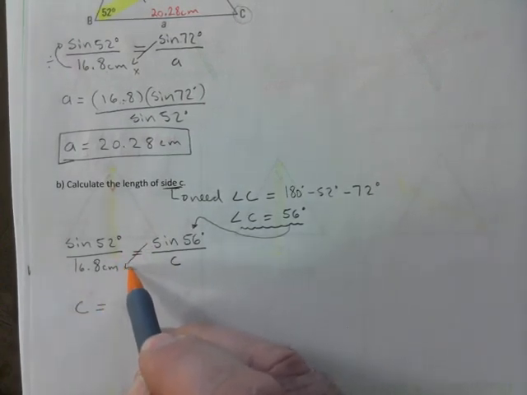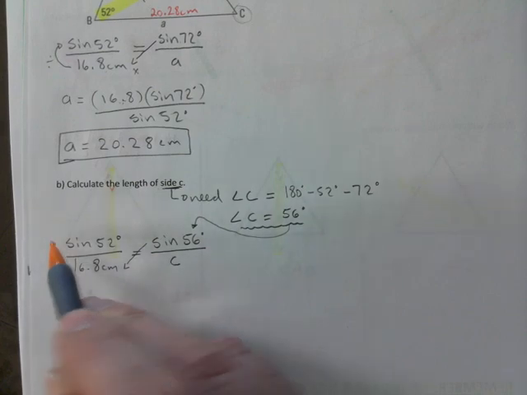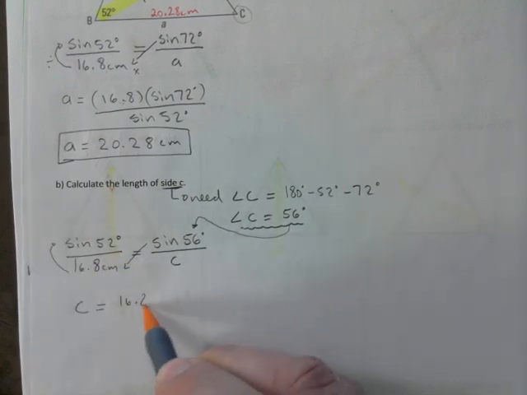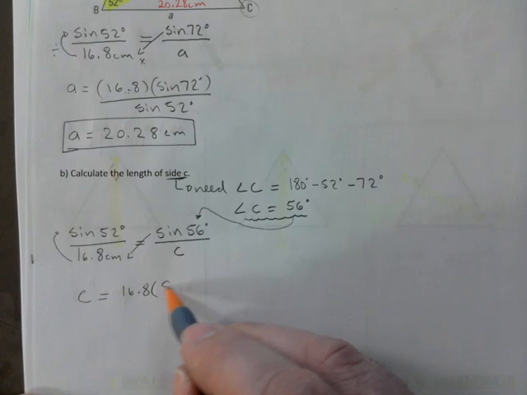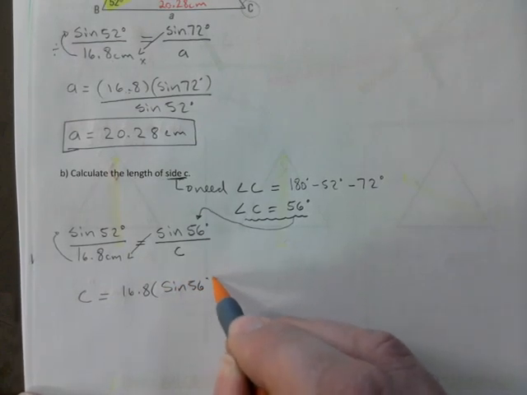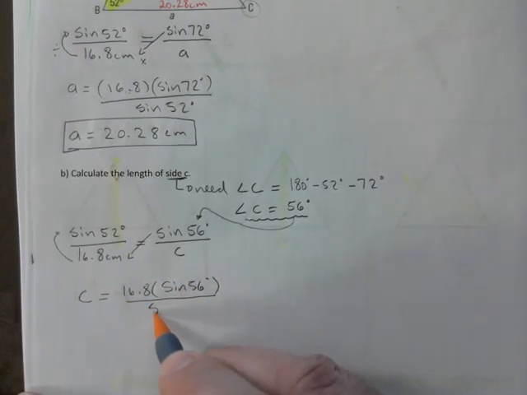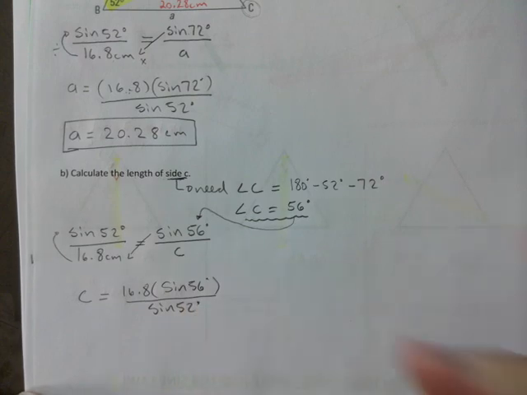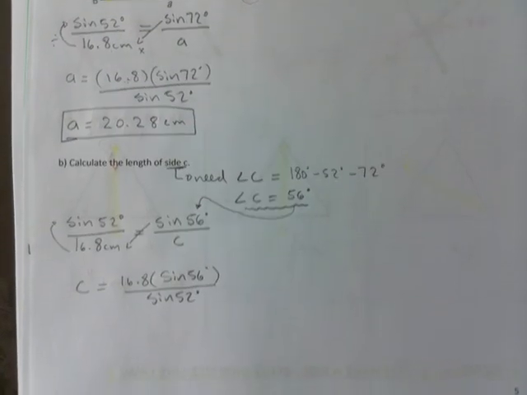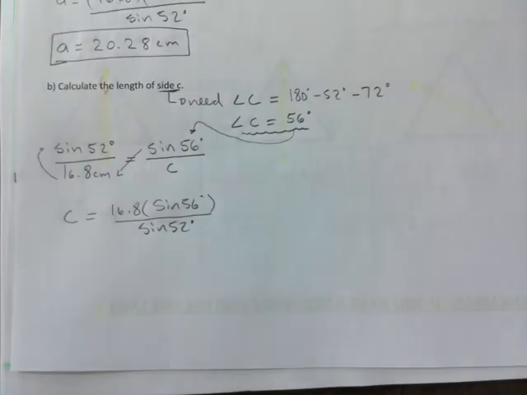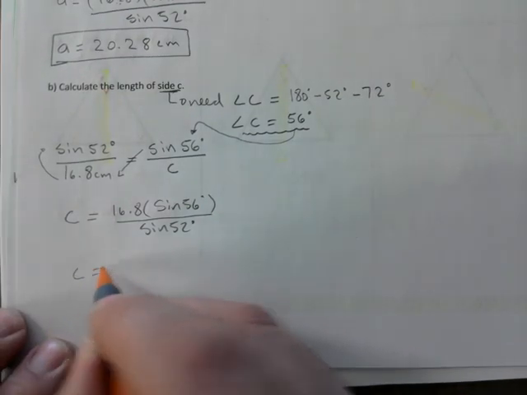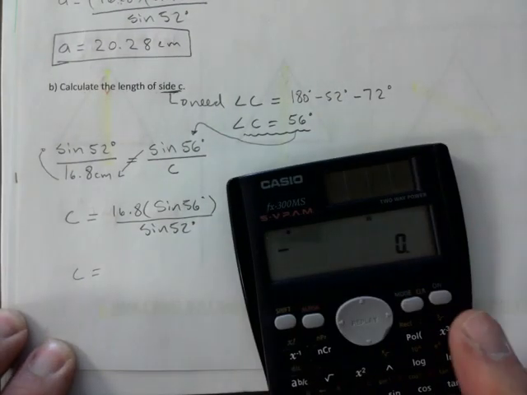Cross multiply and divide. So 16.8 times sine of 56 divided by sine of 52. So let's do this one more time here.